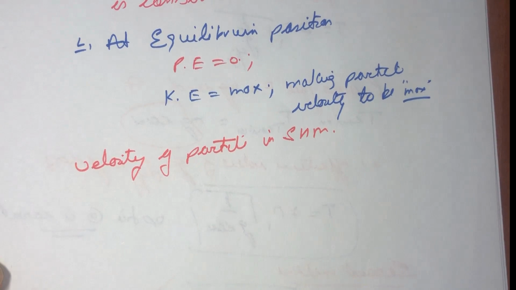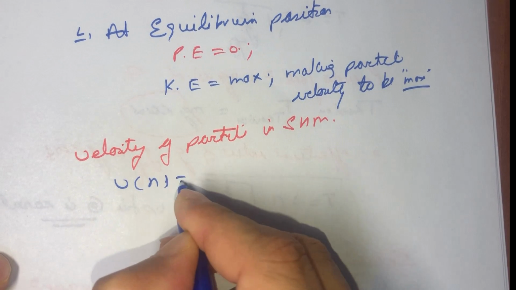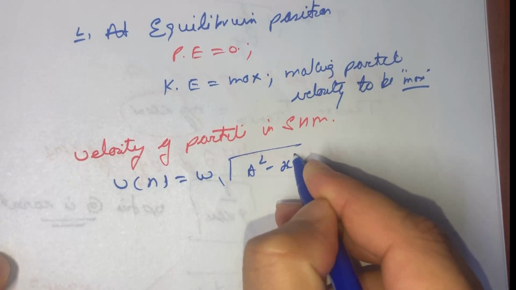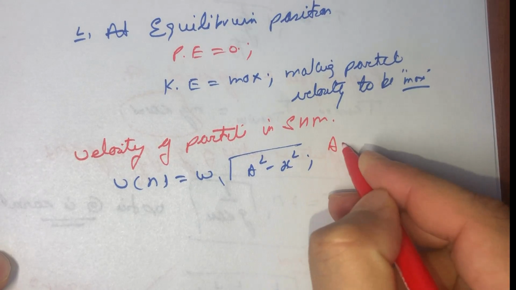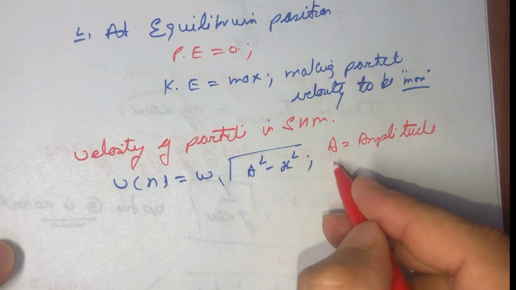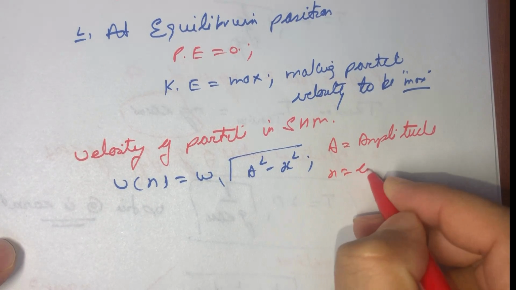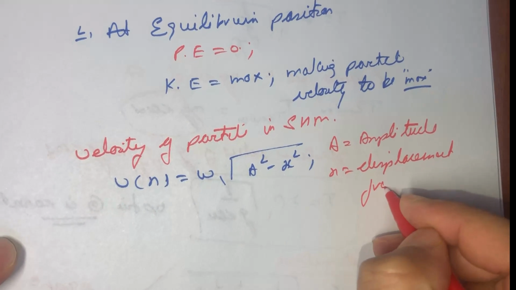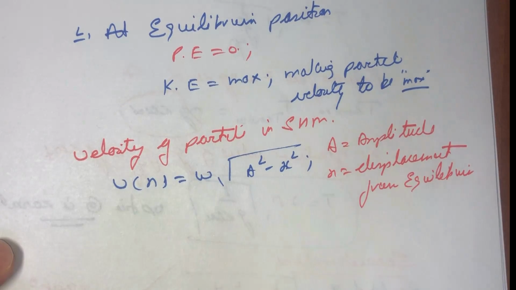That is given by v of x equals omega times the square root of a square minus x square, where a is the amplitude and x is the displacement from the equilibrium.